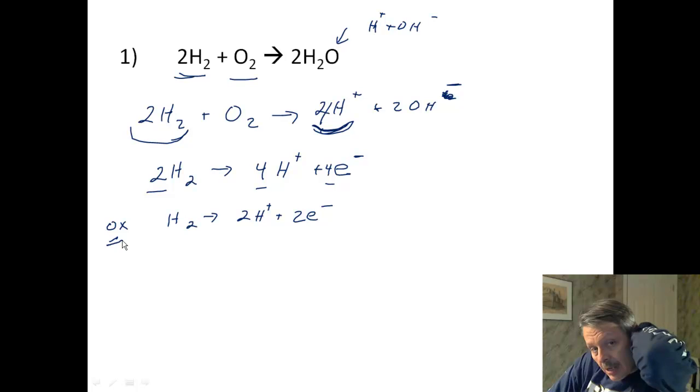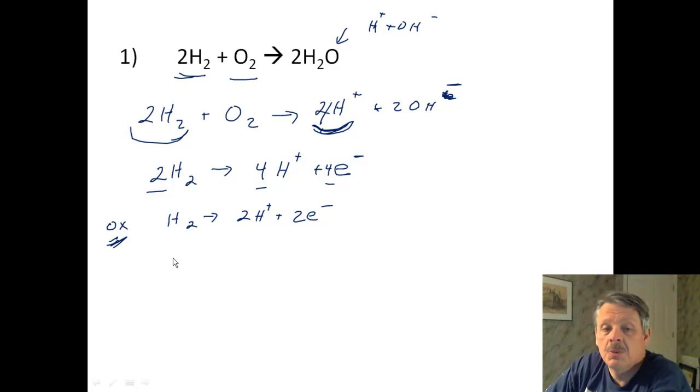Now my reduction half reaction is similar, because here I have O2, and O2 is becoming 2O, each with a 2 minus charge. To get a 2 minus charge, it had to gain electrons.